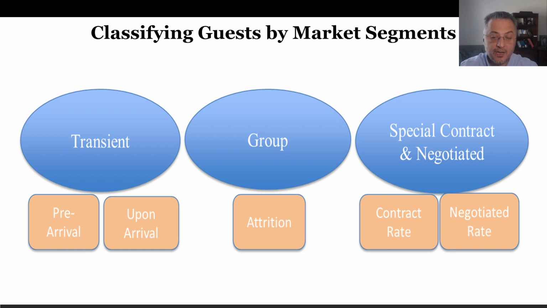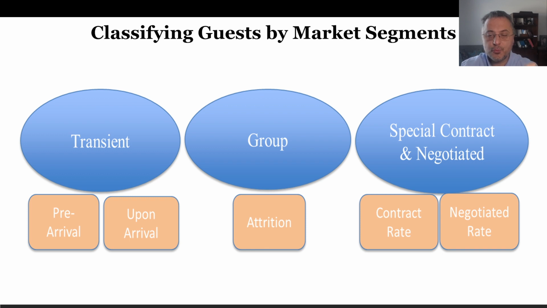You should always ask every arrival, and like we talked about, the front desk employees should also be able to negotiate different upsell opportunities.